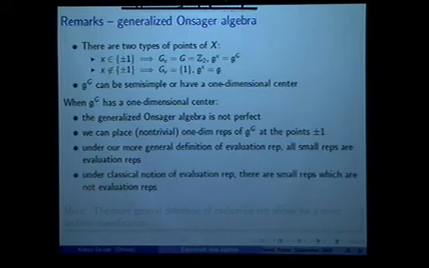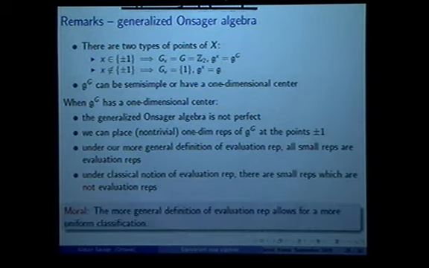But under the classical notion of evaluation representation, there are small representations which are not evaluation representations. So this is one of the motivations for this more general definition: it allows us to say that these are all evaluation representations, whereas under the more classical definition, it's not the case.